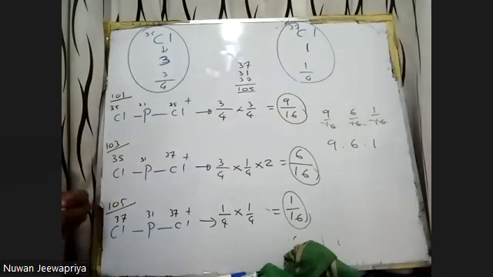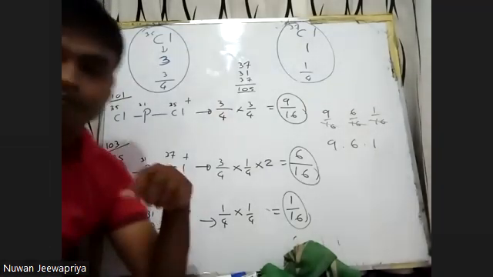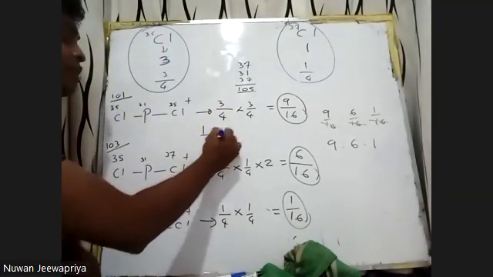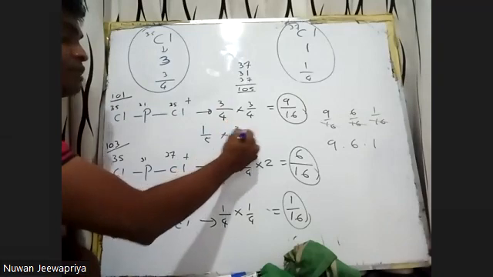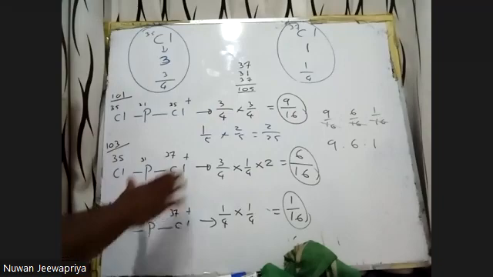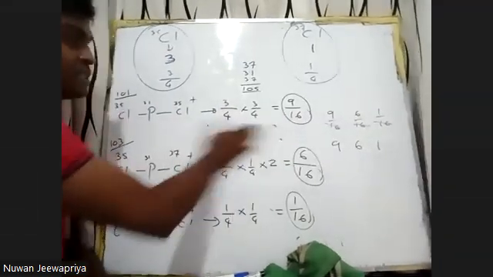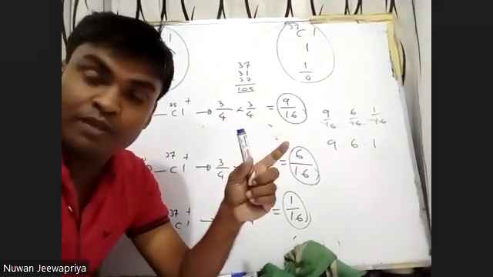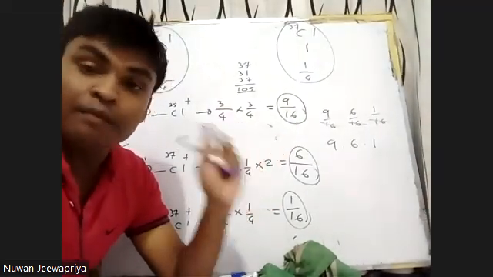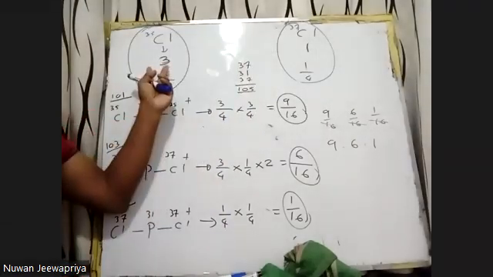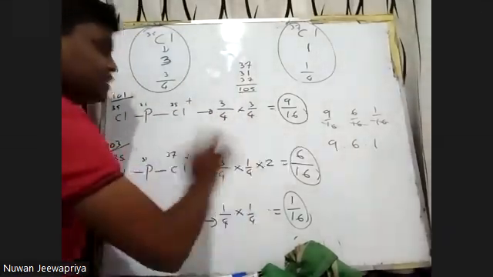So, if their relative abundances were 1 over 5 and 2 over 5, the answer would be 25 over 2, like that kind of ratios come. Why are there 9 over 16 and these three ratios? Those three ratios came because the real abundances of Cl35 and Cl37 are 3 is to 1. That is the reason.